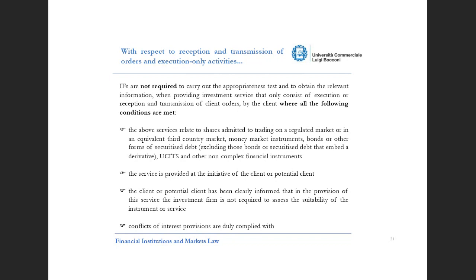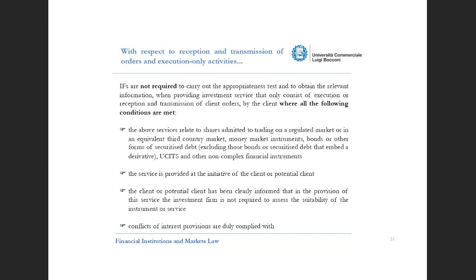And as you can read, if you are in the context of executing orders coming from clients, or reception and transmission of orders, so you have to have one of these two services, either executing orders on behalf of clients or reception and transmission of orders, this could be a case where you can disapply.